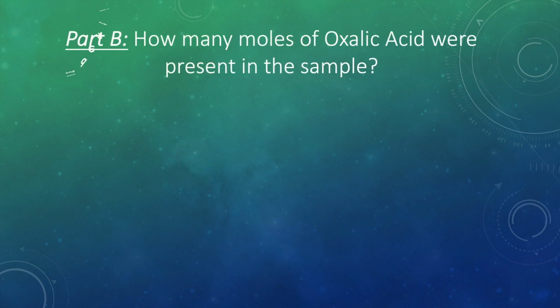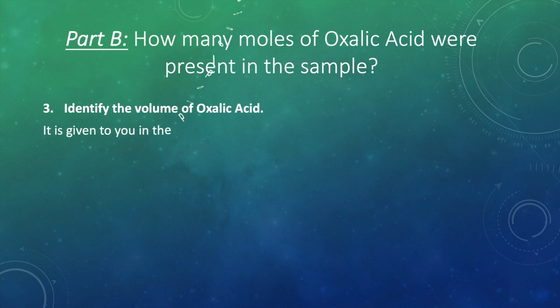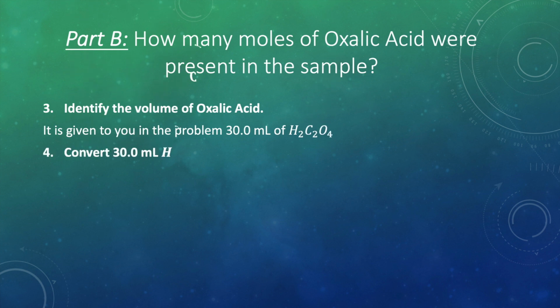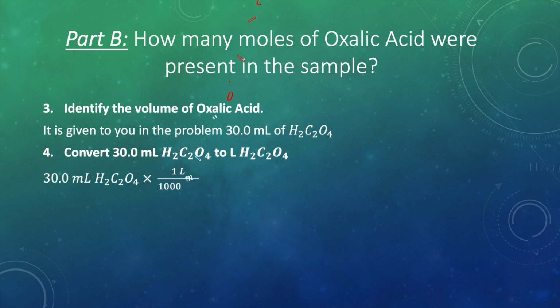For part B, we have to figure out how many moles of oxalic acid were present in the sample. We have to identify the volume of the oxalic acid, which is given to you in the problem, 30.0 milliliters, and then convert that into liters. We do 30.0 milliliters of oxalic acid times 1 liter of oxalic acid divided by 1,000 milliliters of oxalic acid, and we get 0.030 liters of oxalic acid.